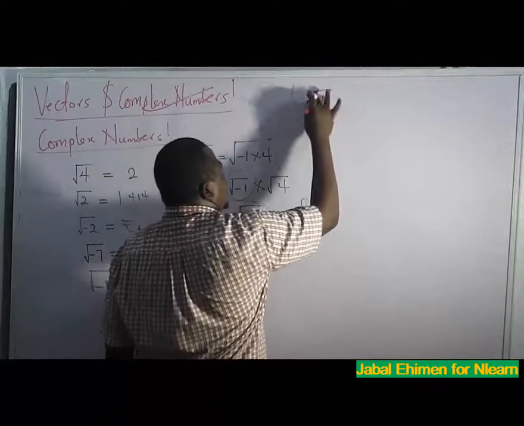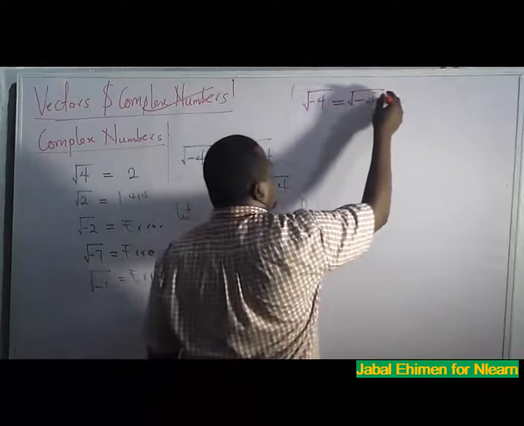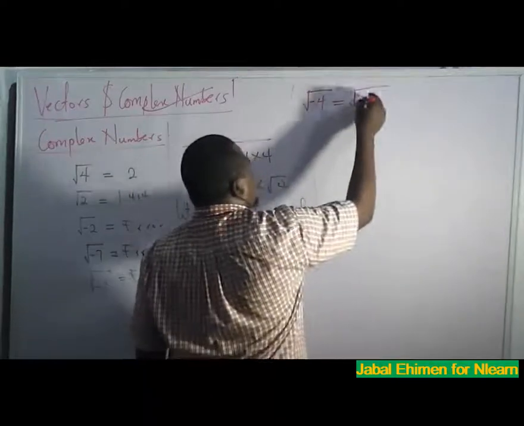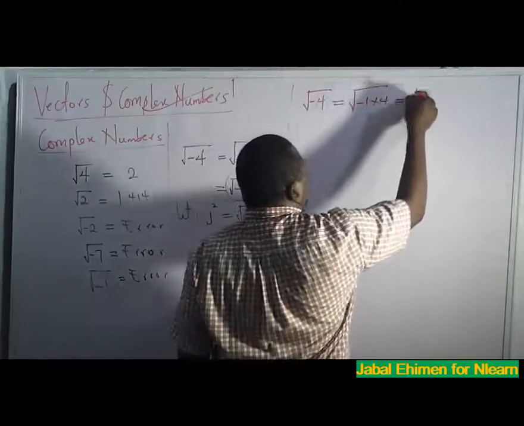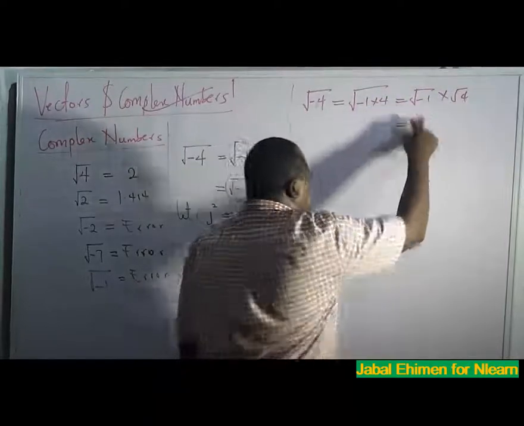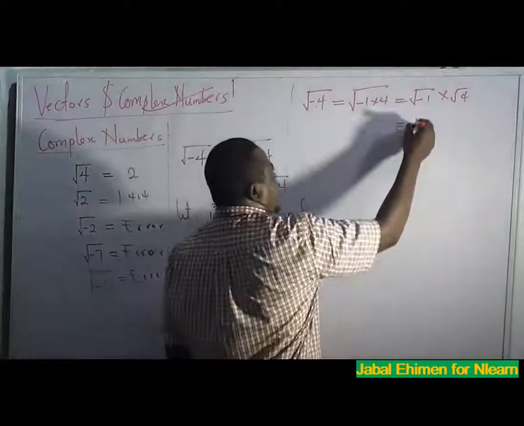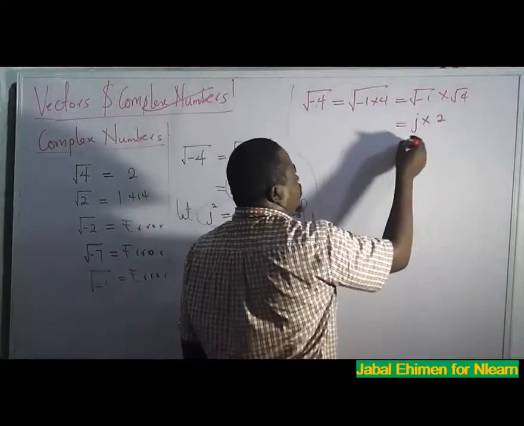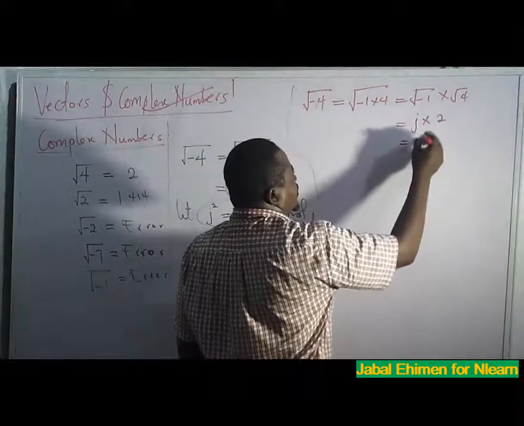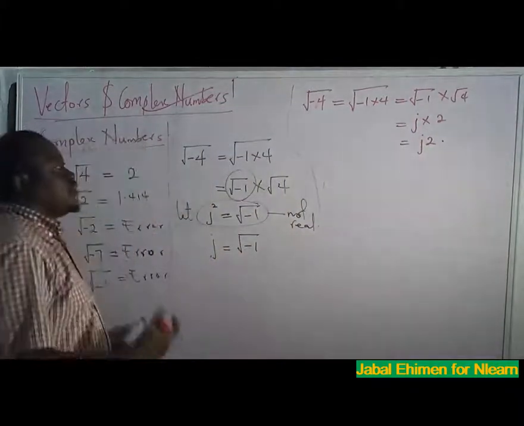So if I write this value here as square root of minus 4, I can call it root of minus 1 times 4, which becomes root of minus 1 times root of 4. And root of minus 1 is now represented by j. So I'll call j times 2, or 2j, depending on what I want to do.